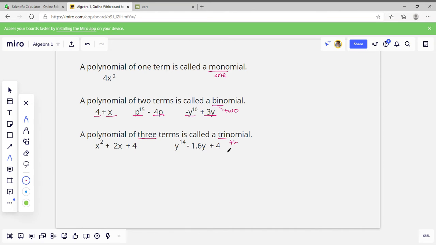Tri means 3. And we've got 1, 2, 3, and 1, 2, 3 right there. Any more terms than that, like 4 or 5, those are just called polynomials. Polynomial is like a blanket term that describes any of these. So these are all polynomials, but these are polynomials that are also binomials, and these are polynomials that are also trinomials, because I have 3.